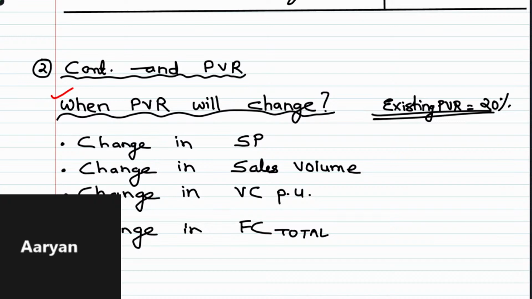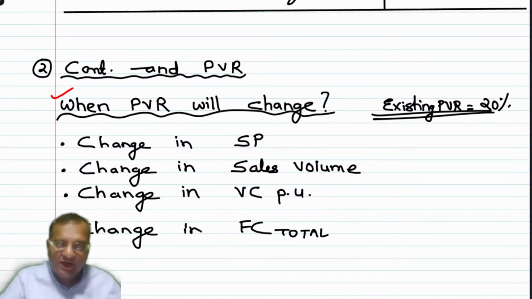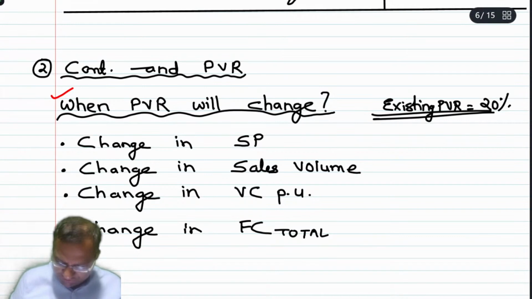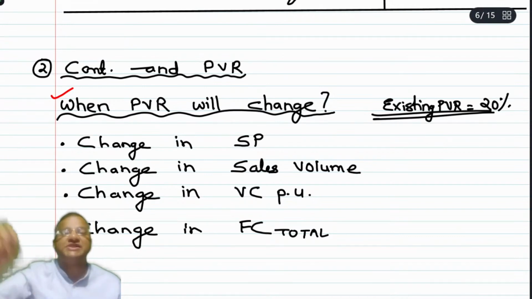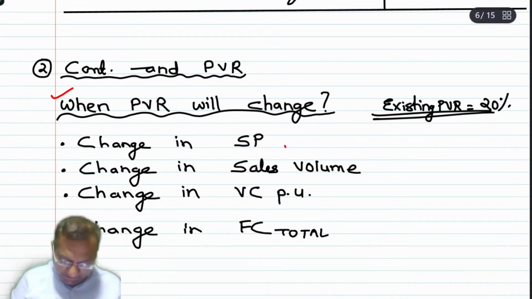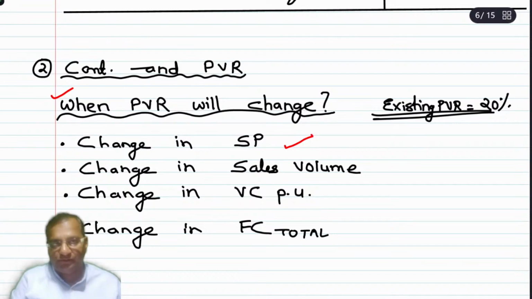Okay, Ajit Rathod has answered that there are 2 situations in which my PVR will change. Yes, definitely. The first situation is whenever there is a change in sale price, my PVR will be revised. Change includes an increase in the sale price, and even a decrease.